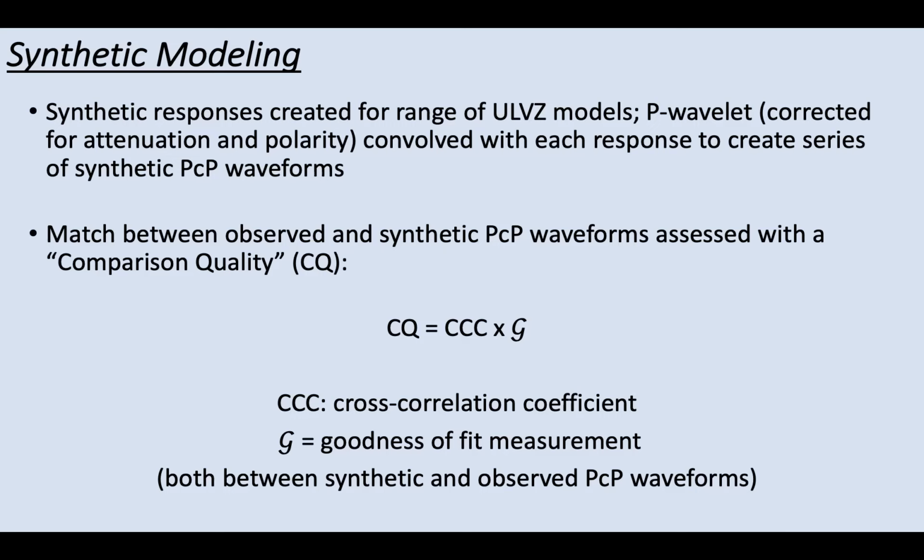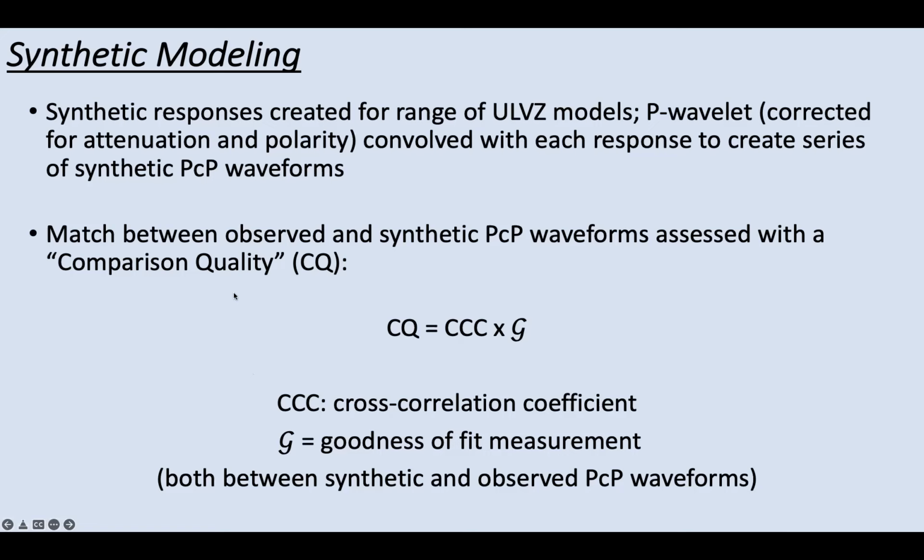We then convolve those P wavelets with synthetic responses that were expected for a huge range of ULVZ models. So basically, all of the range of ULVZ characteristics I mentioned at the beginning of the talk, different thicknesses, different density changes, different velocity reductions, we created these synthetic spike trains for all these different combinations of models, and convolve that with the P wavelet to make a synthetic expected response for that model. So in total, for every event, we tested over 38,000 different ULVZ models.